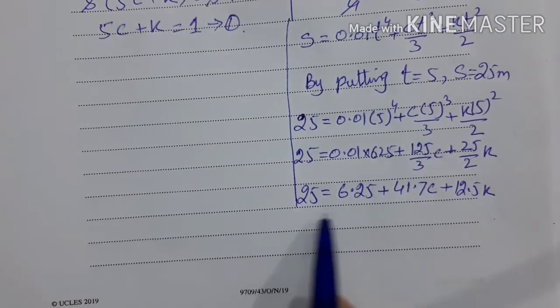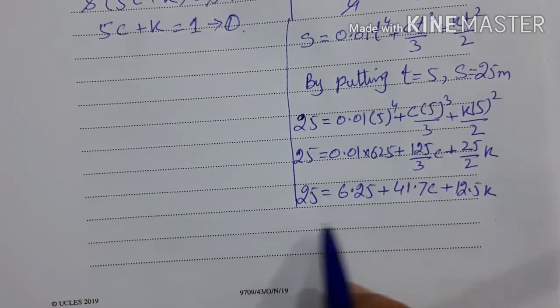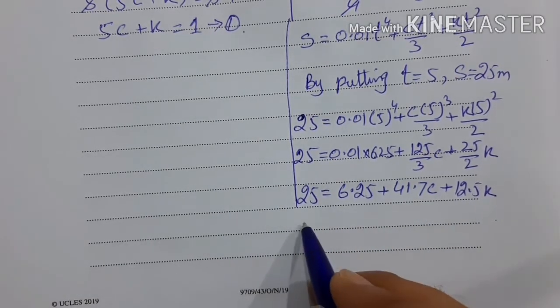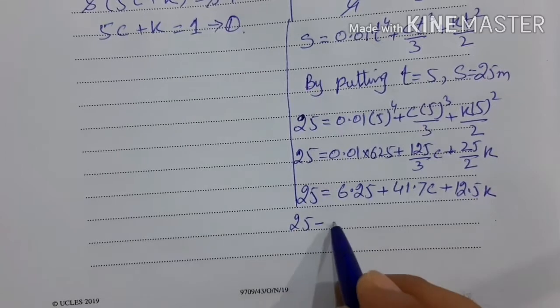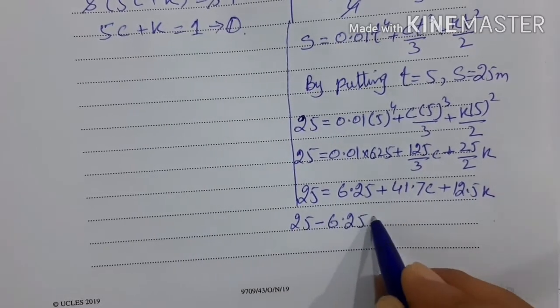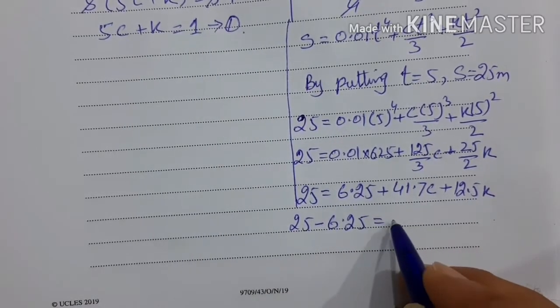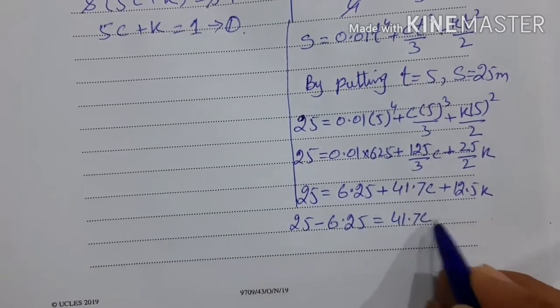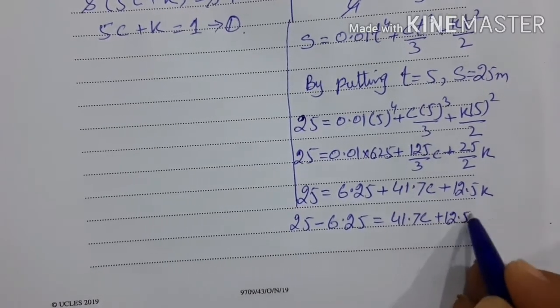So take 6.25 on the other side, so we'll get 25 minus 6.25 is equal to 41.7 c plus 12.5 k.